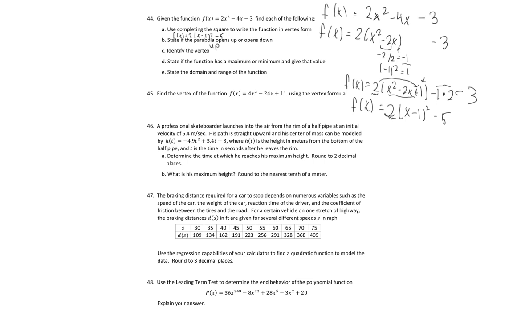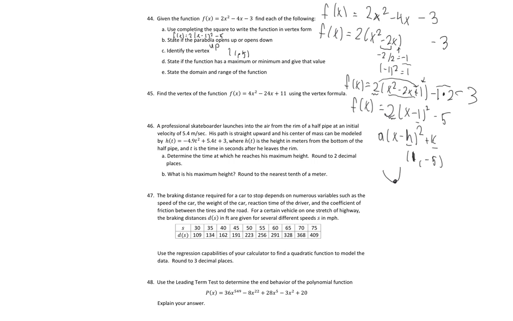Our vertex, well, this is vertex form. It's always (h, k). So our h is 1, and our k is going to be minus 5. We switch the sign on the one on the inside, but not the one on the outside. And because this opens up, is our vertex the bottom or the top?